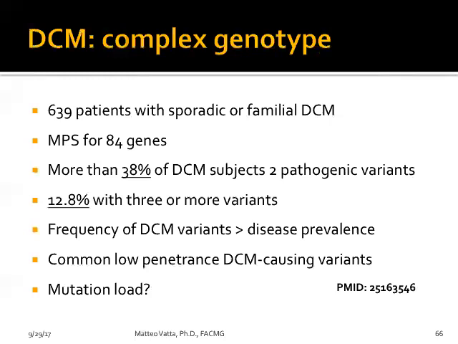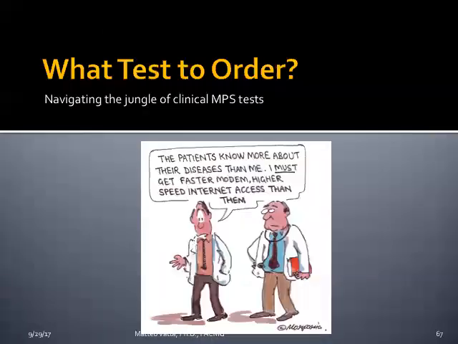So the frequency of those variants seems to be somehow higher than the disease prevalence. So are those a bunch of low penetrants put together and causing the disease? Is it a mutation load effect? We don't know yet.